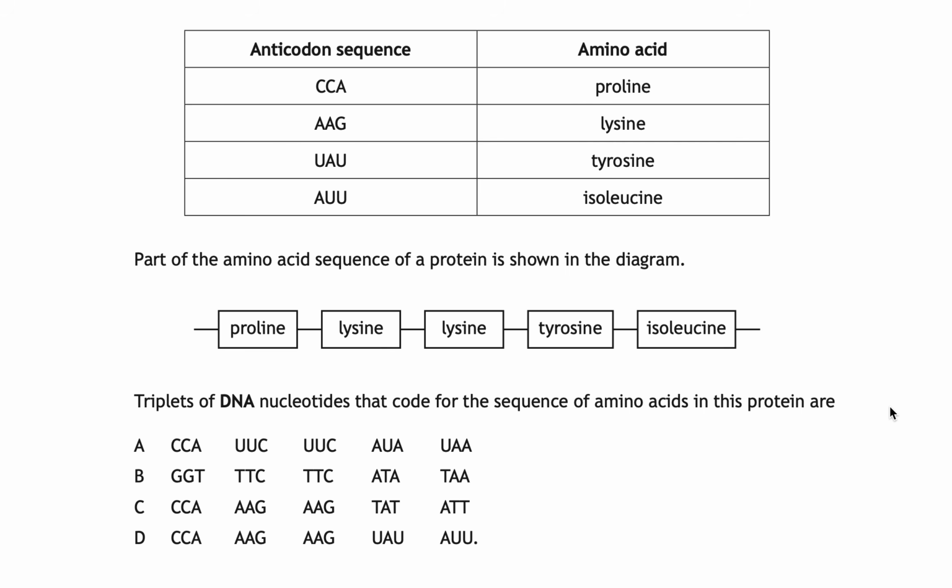But the question is asking what the DNA nucleotides would be, so you need to go one step further back still. The DNA sequence would be CCA, AAG, AAG, TAT, ATT. This is what's quite difficult with this one: you're looking at the DNA molecules, so you're bringing in the thymine bases instead of uracil. Be careful of that. There are a few things you have to do in this question.